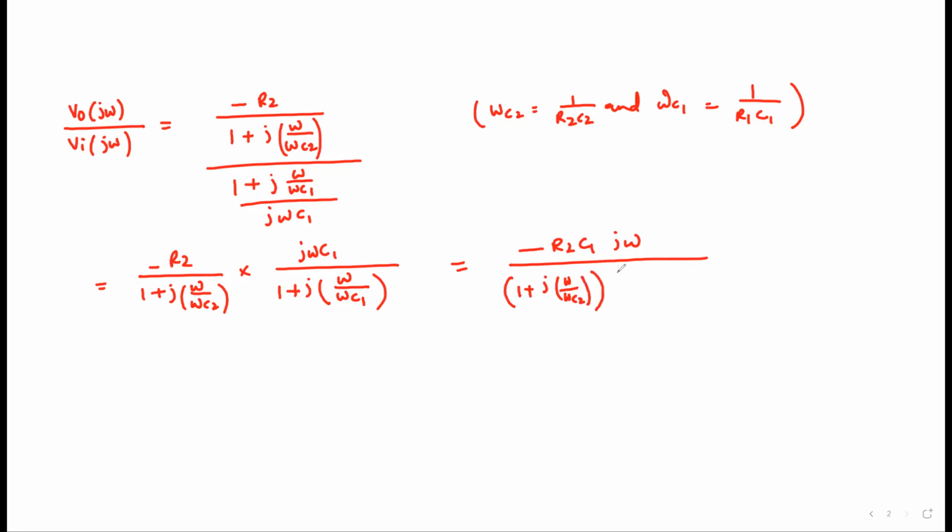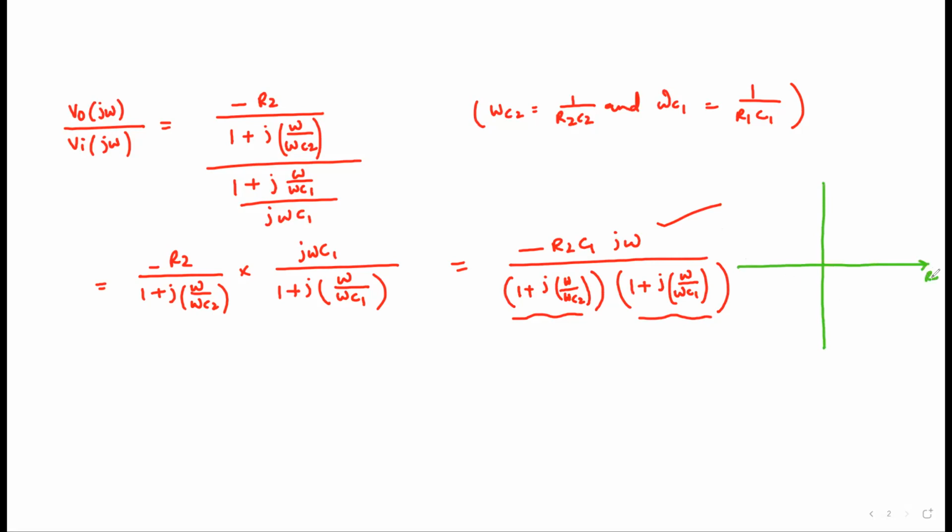So that's one term, and the second term is this one, 1 plus j omega by omega C1. So in the numerator, we have this zero, and in the denominator, we have two poles right here. How do we represent them in the S-plane?